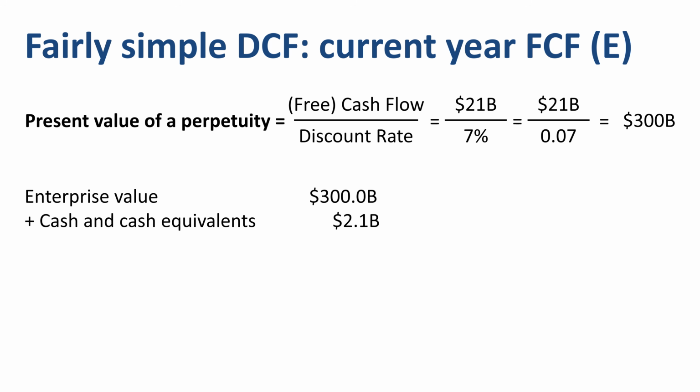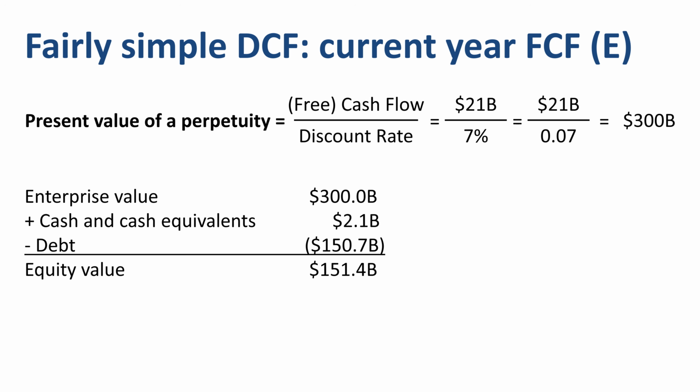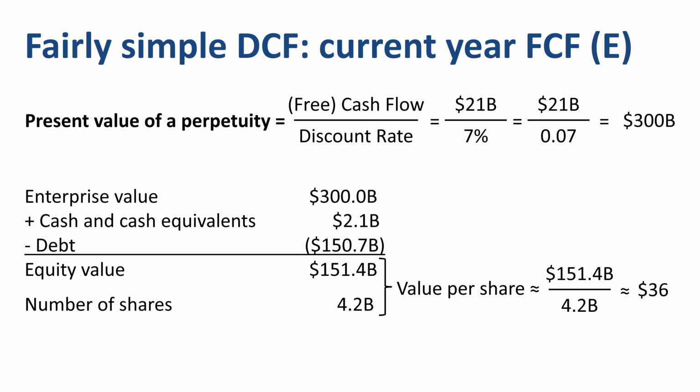Same steps as before: enterprise value plus cash minus debt gives us a potential equity value. Equity value divided by number of shares provides a DCF target share price of $36. That's $8 more than if we base our calculation on last year's free cash flow.